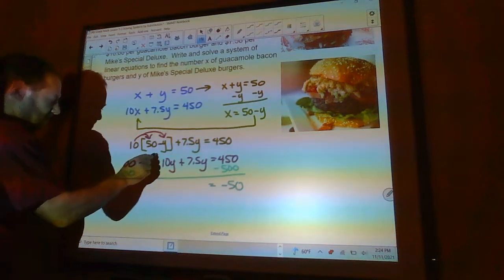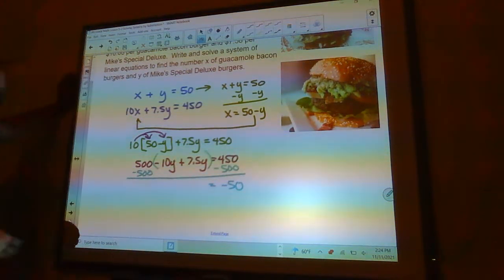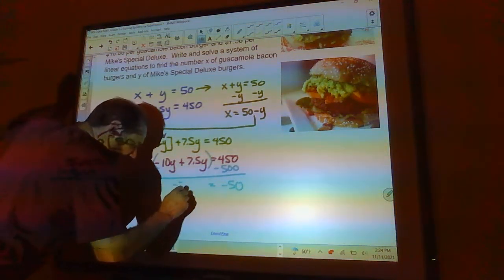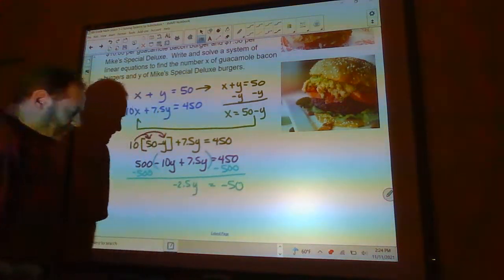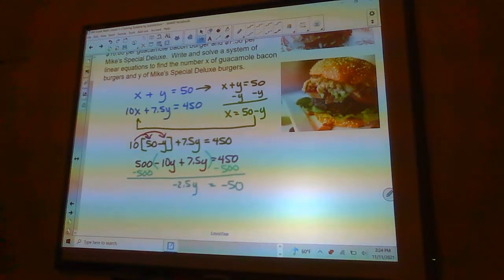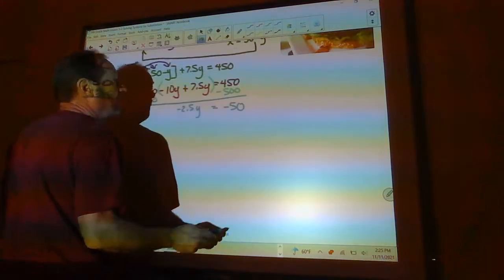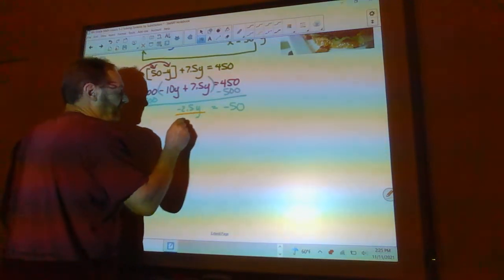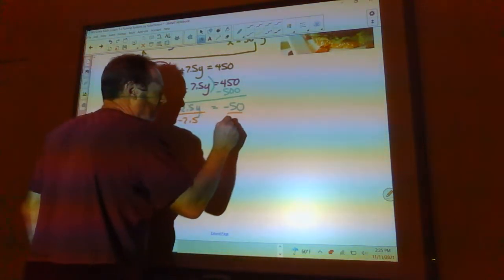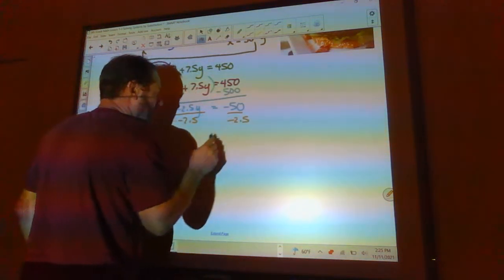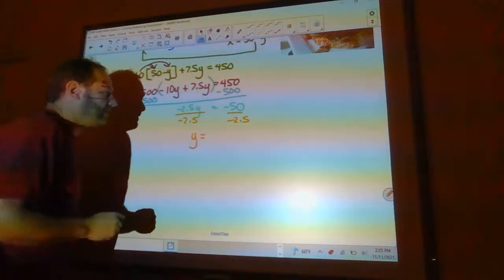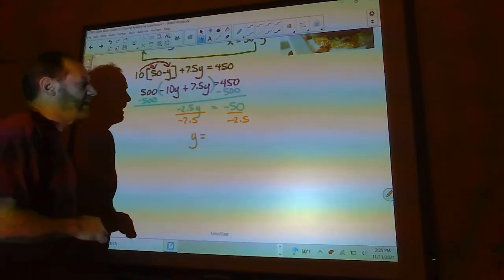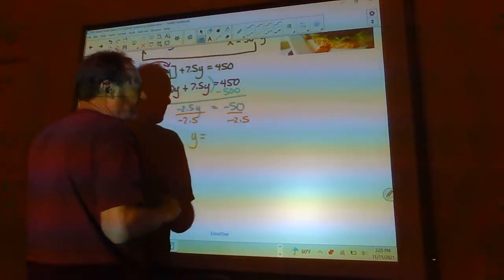And I can also combine these together because they're like terms, and I get negative 2.5y. Okay. So now I'm going to divide by negative 2.5. And I'm going to get y equals, okay, so the negatives cancel out. This is going to be 20.